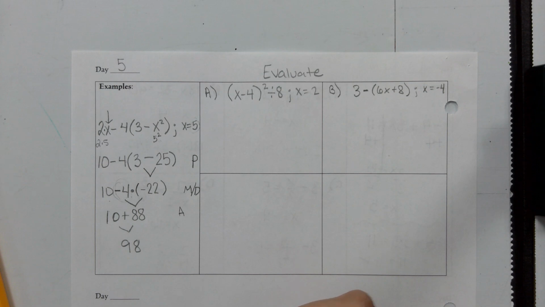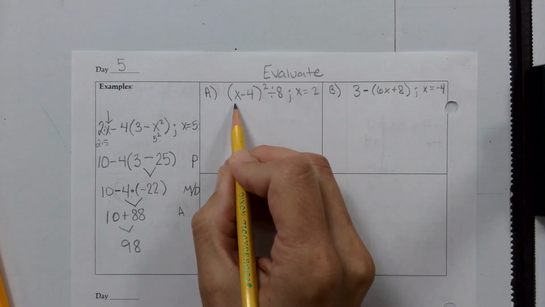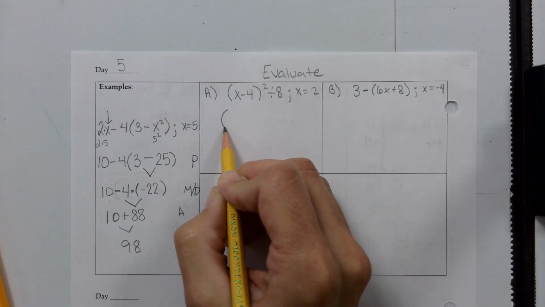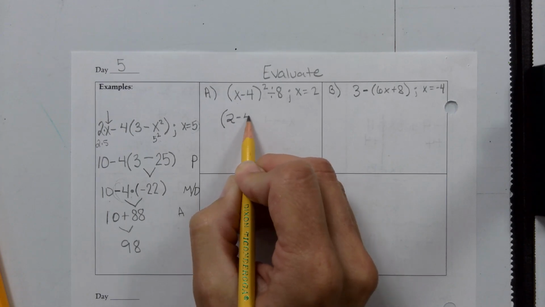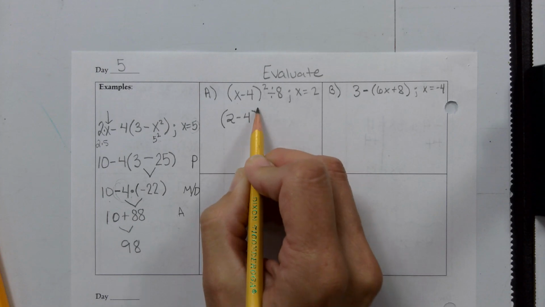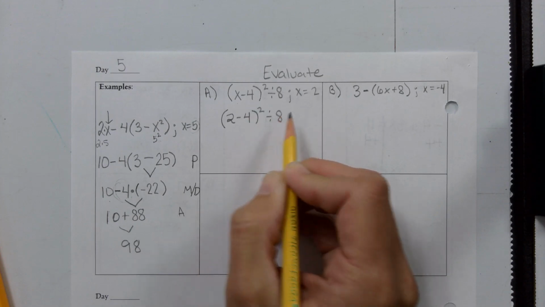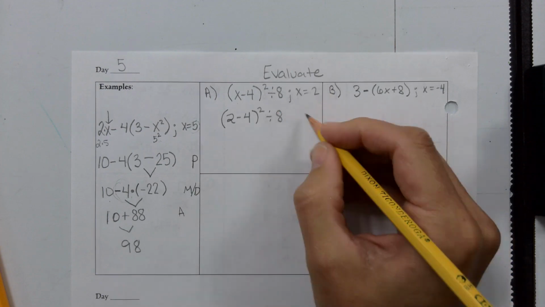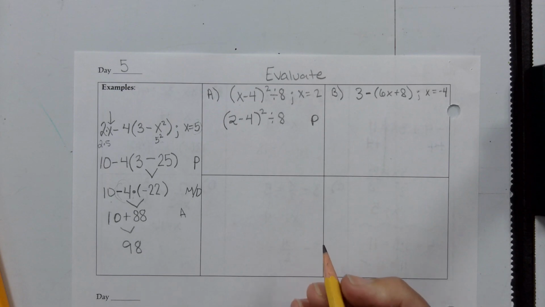Okay, hopefully that was enough time if you were trying to pause it. So we're going to go ahead and plug in the number 2 for the x. So we're going to do 2 minus 4, and I'm just going to copy the rest. Okay, I put that number in, and parentheses needs to go first.